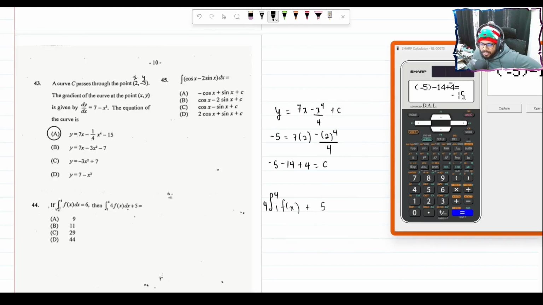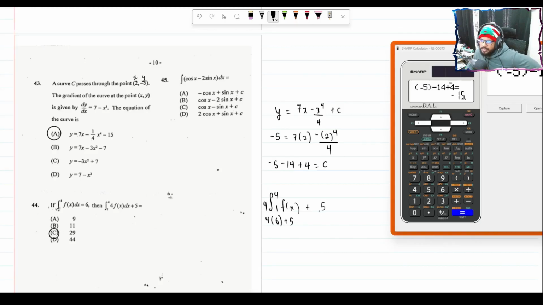But watch where the dx ended. This dx ended here. So this is the integral I'm looking at, plus 5. So it's going to be 4 multiplied by this here, because this is the integral between 4 and 1 of f of x. The integral between 4 and 1 of f of x is 6. So this is 4 into 6 plus 5. 4 times 6 is 24. 24 plus 5 is 29.